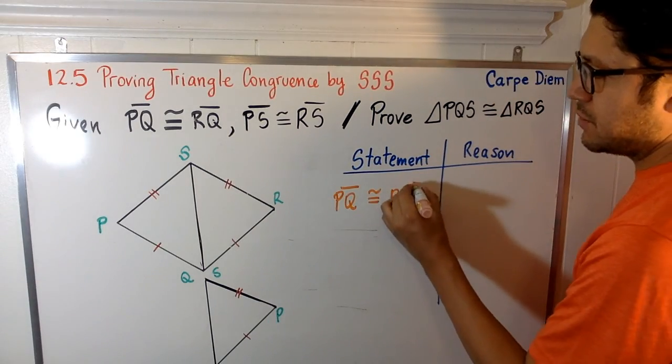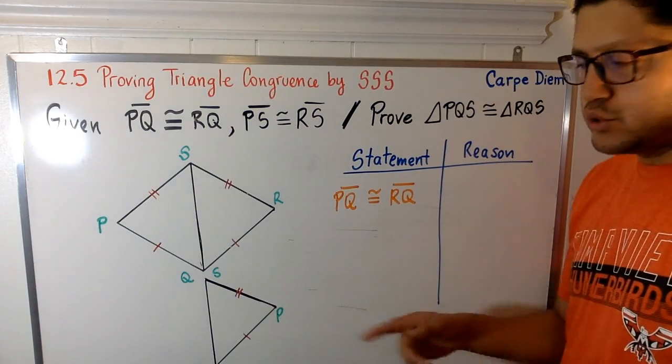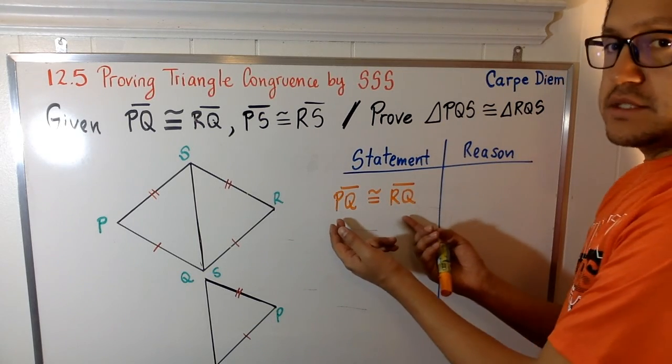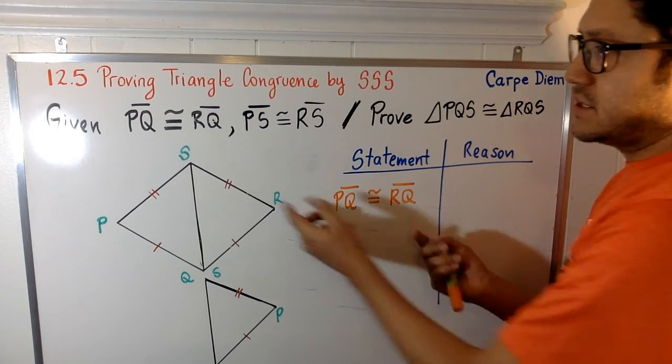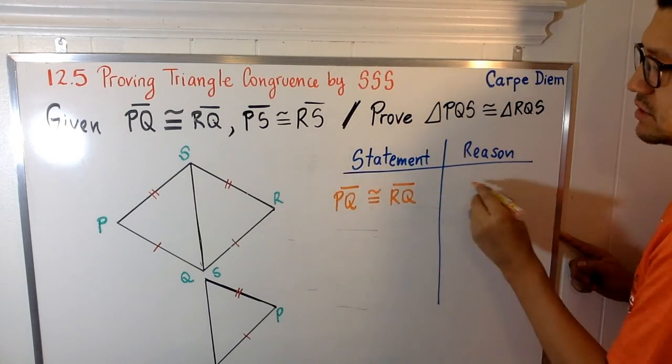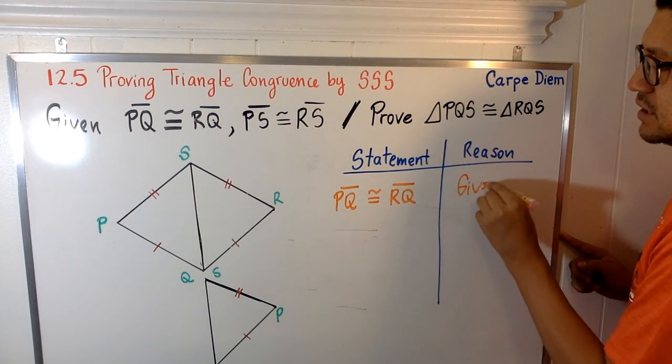And this is where I'm going to stop a little bit. Why can we assert this? Why can we state this? Because it's part of the given. So the reason why I can say that these two segments are congruent is because it's part of the given.